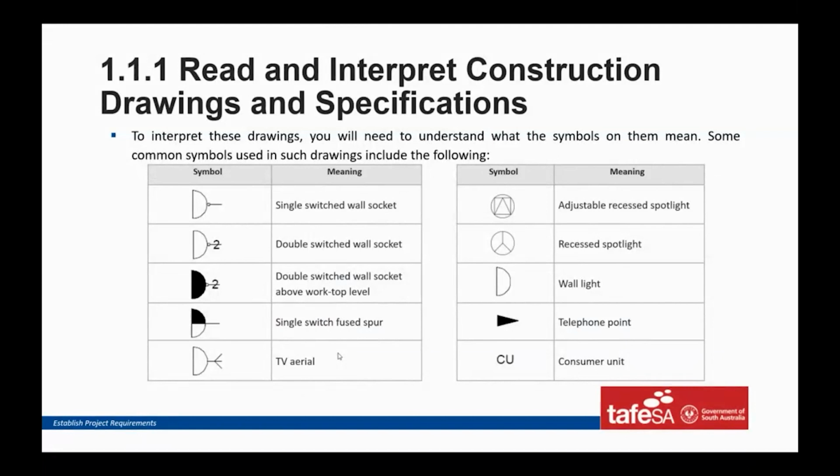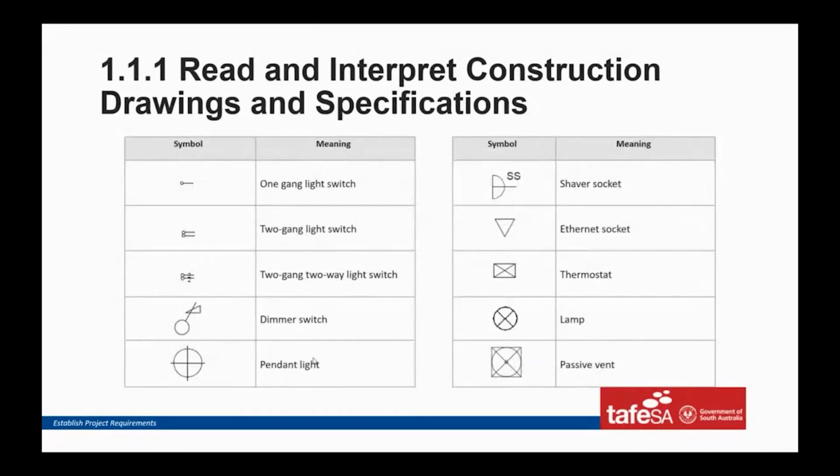Drawings and specifications. So every state has symbols for different types of equipment, such as wall sockets, wall lights, consumer unit, TV aerial, thermostat, dimmer switches.